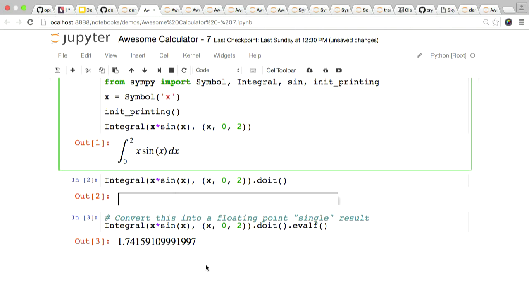Okay. You will see that I have this evalf function after this. Sometimes SymPy will give you the result in a form which is not in floating point. It's in an abstraction which SymPy has, so it's not directly a floating point variable. What you can do is call this evalf function, which gives you the floating point result that you may want to reuse in another calculation.